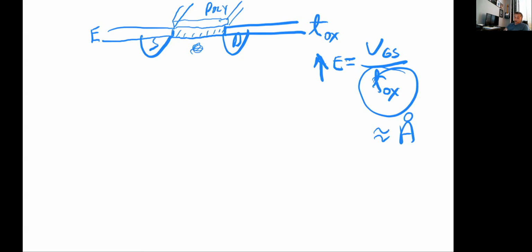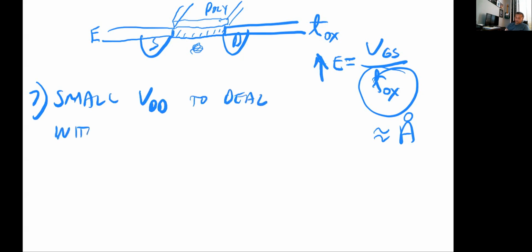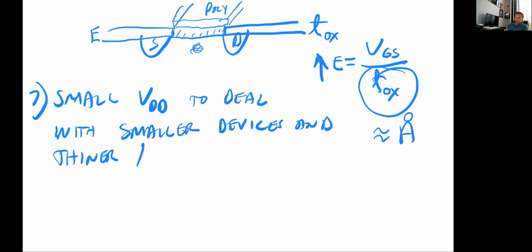So my point number 7 is that, you know, use a small VDD to deal with smaller devices and thinner oxides.